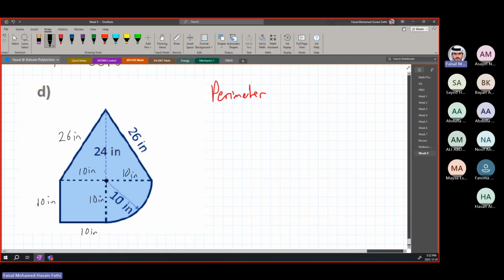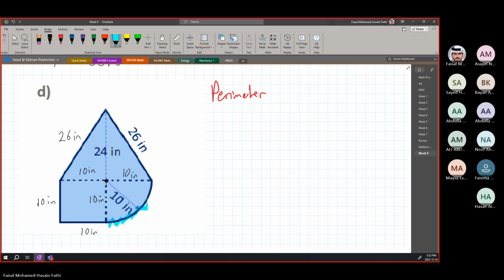Okay, so we have 26 inches, 26 inches, 10 inches, 10 inches. The only missing part is this part over here, the shaded part, which is a quarter of a circle, the circumference of it. Exact same concept that we did before. Circumference of a full circle is equal to 2 pi r.